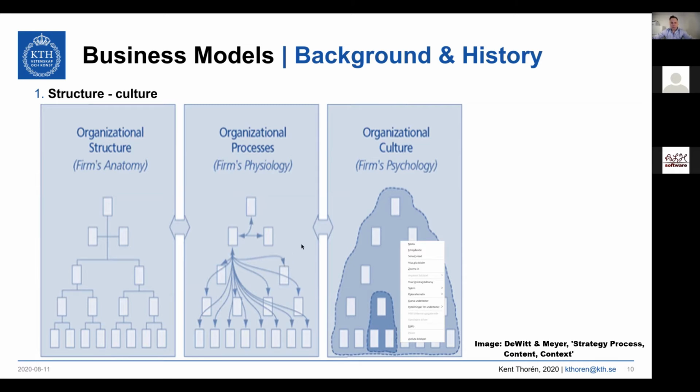How does it work in terms of a biological creature, so to say? We need to have certain things. We need to have revenues. We need to have cost under control. We need to have safe work environments, etc.